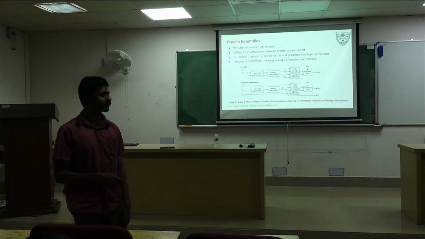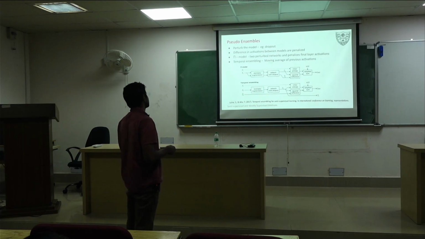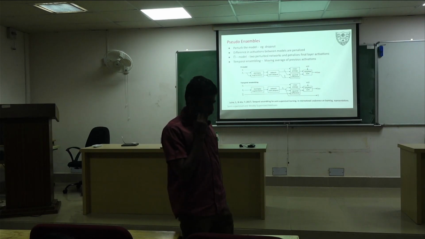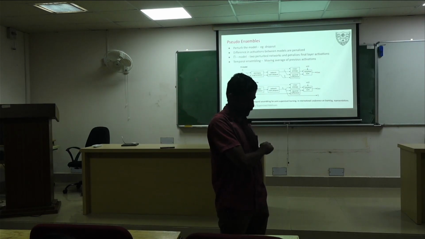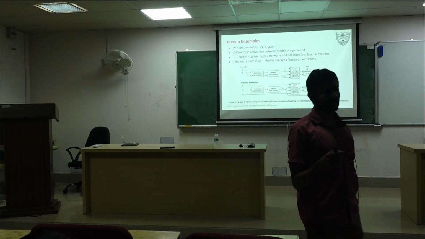Okay. Temporal ensembling is again the other approach, where you try to look at different models. In this example, you don't actually take the model and add noise to it.